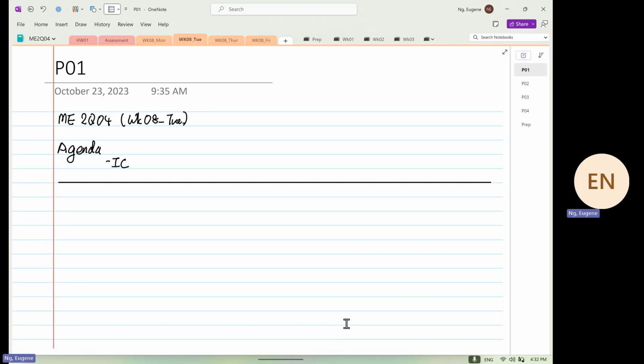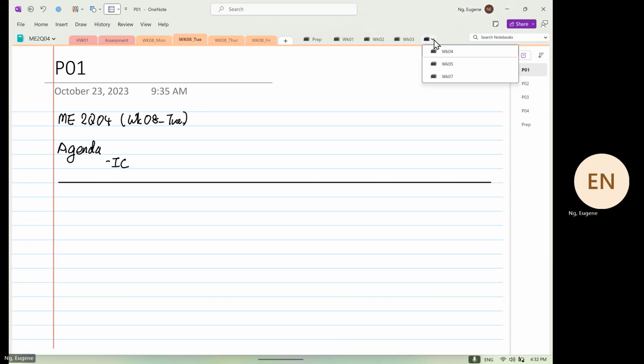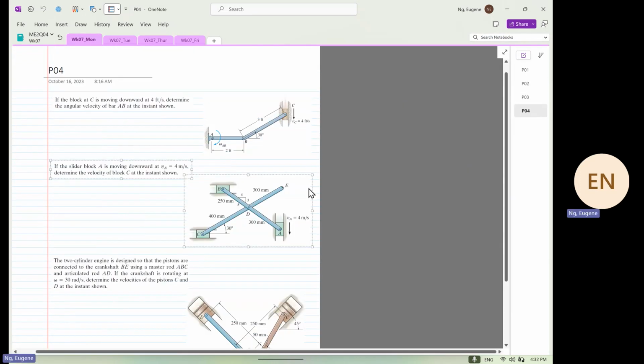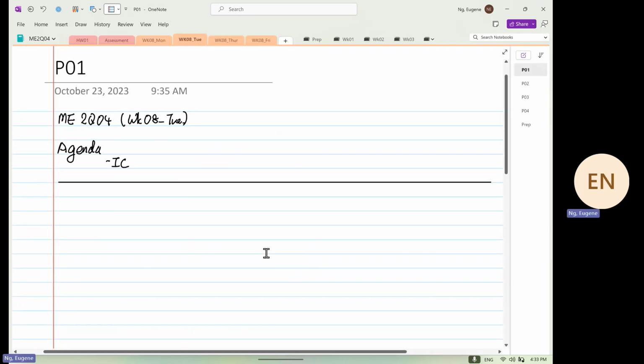Okay. So I decided to pick one example from week 7, on a Monday. So the example I like to pick is this example over here. Okay, so I'm going to copy. If you go to week 7, you will see this example.